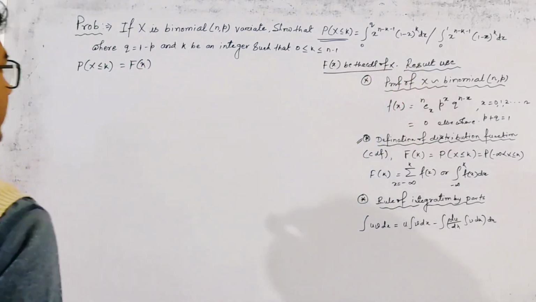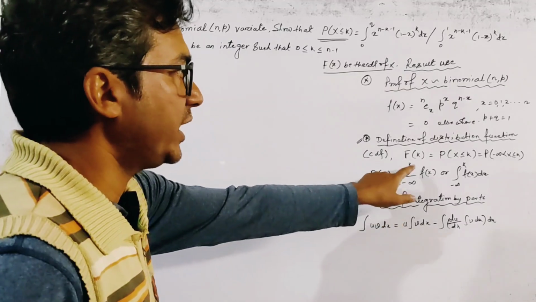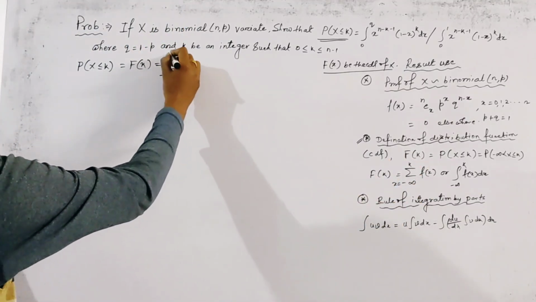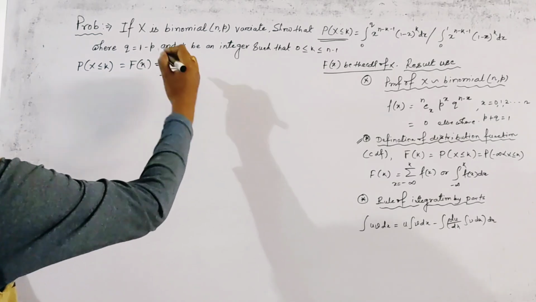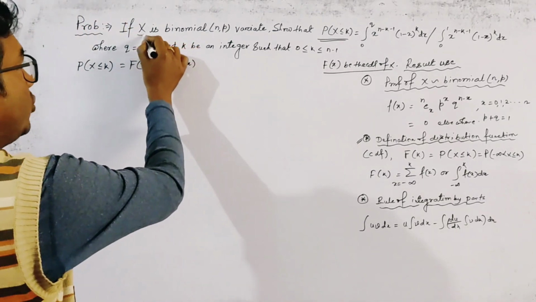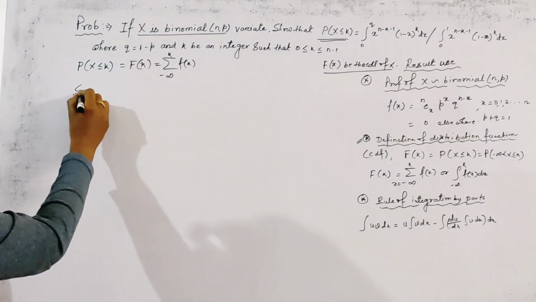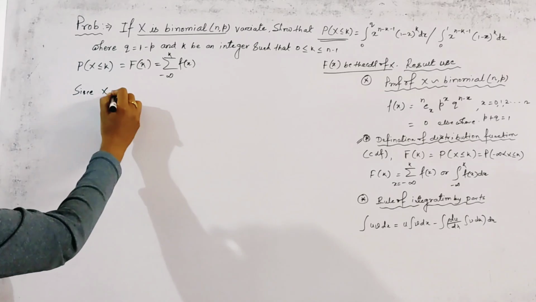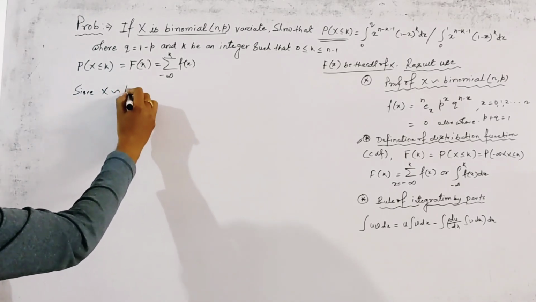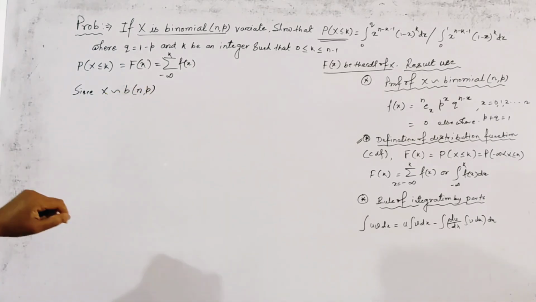It is defined by the summation from minus infinity to k of f(x). But in our given problem, it is given that X is binomial (n, p). So we write, since X is binomial (n, p), this is the symbol of a binomial (n, p) variate.